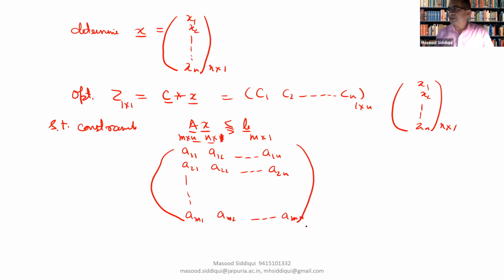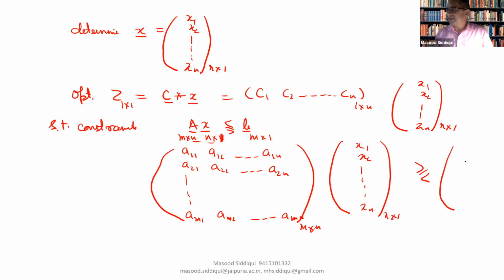So this is our A matrix of order m cross n. Next is the X vector, X1, X2 up to Xn, of order n cross 1, with greater than or equal to, equal to, or less than or equal to. If we multiply A and X, the resulting matrix will have order m cross 1. It will be compared with B1, B2 up to Bm, having order m cross 1. So these are the functional constraints.